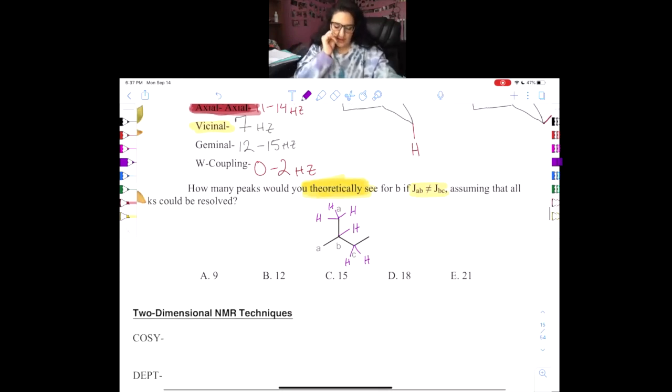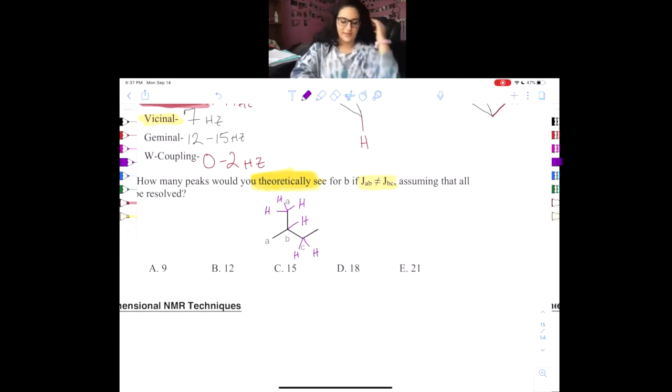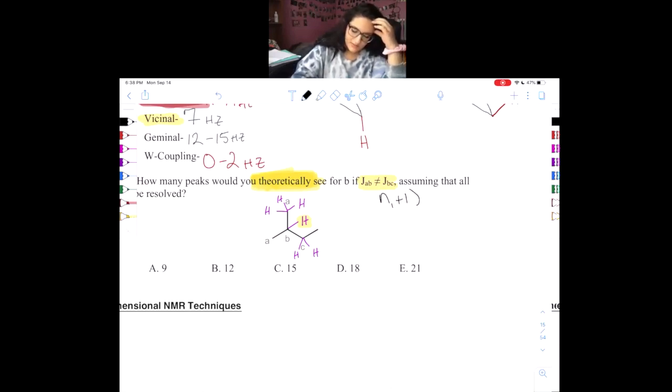So we're looking at hydrogen B, so the one I am highlighting. And we're going to find the theoretical splitting for that if JAB did not equal JBC, excuse me. And so once again, I'm going to use the n1 plus 1 times n2 plus 1 rule.